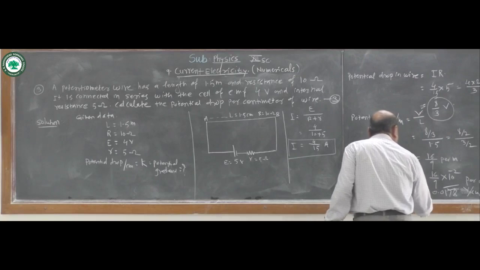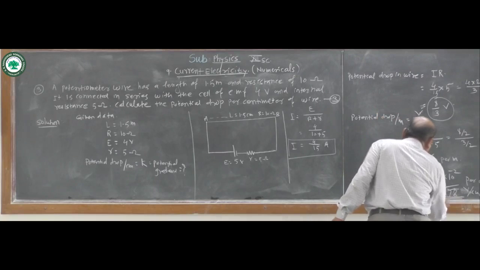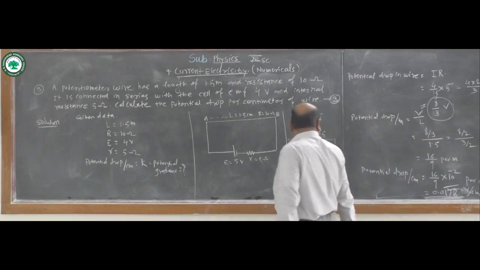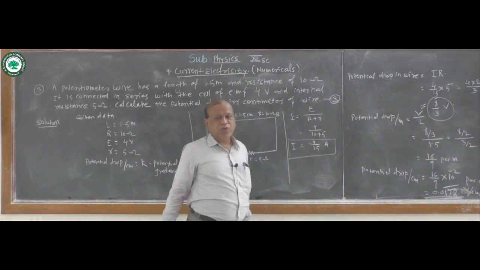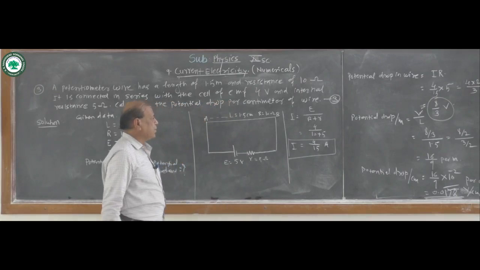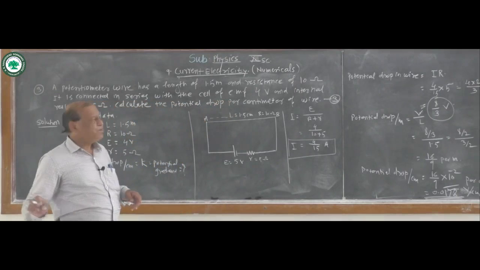This is the potential gradient. Last answer will be 0.0178 volt per centimeter. Understand this problem here?